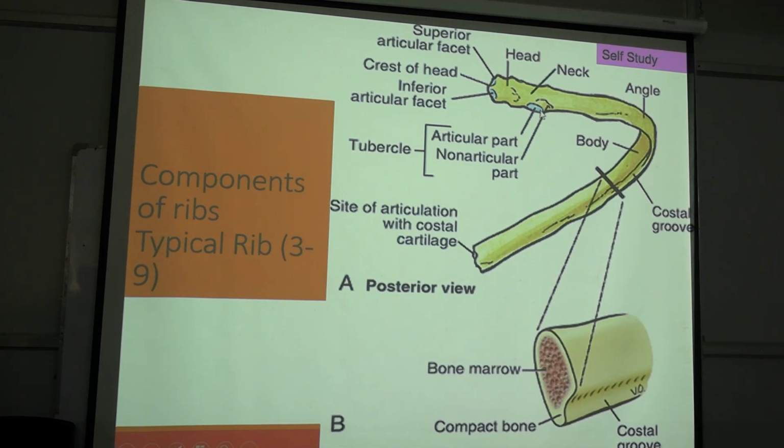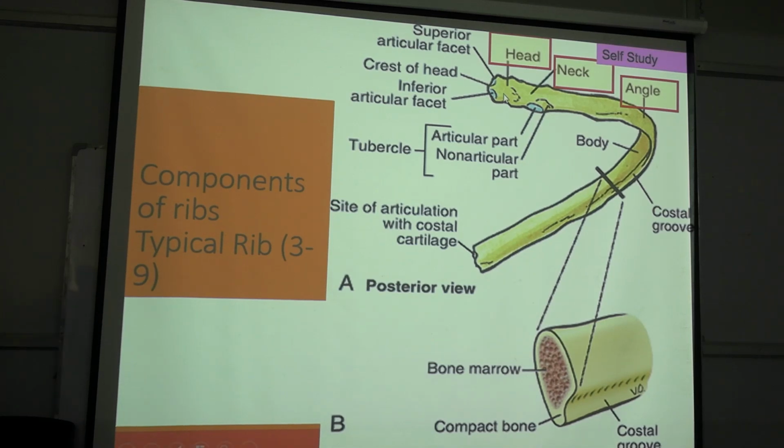So you have to keep in mind what articulates with what: where the head articulates, and where the anterior end of the rib articulates. The rib has three parts: head, neck and shaft. The shaft has two angles, and the anterior end articulates with it.